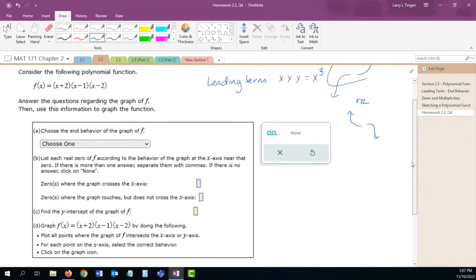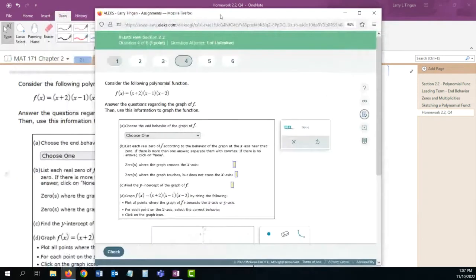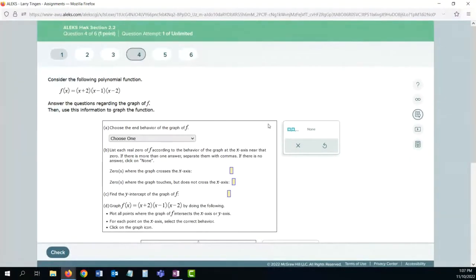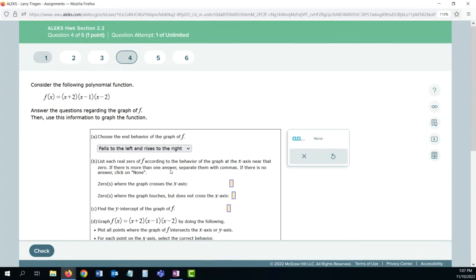List each real zero, and note the difference between zeros where we cross and where we don't. I can just bring this over and type it directly in so you can see. End behavior: falls to the left, rises to the right.